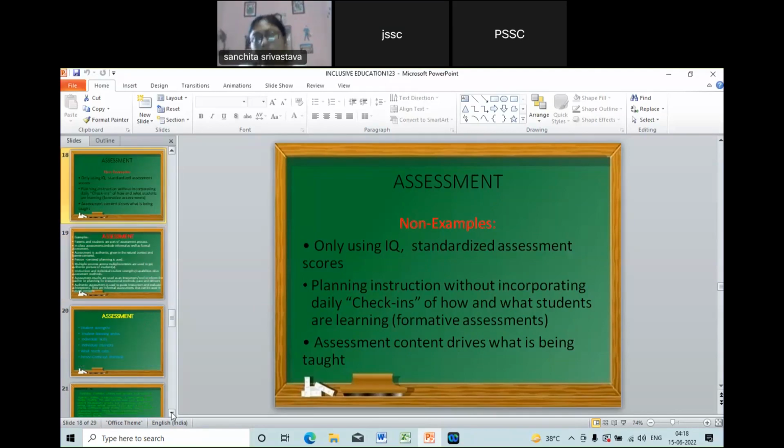Very basic. Now, what we should avoid is only using IQ and standardized scores, that examination, because that way we cannot assess a child. Then, planning instruction without incorporating daily check-ins. Daily check-ins means you have to see the day-to-day progress of your child in the class. So daily check-ins should be incorporated every day.